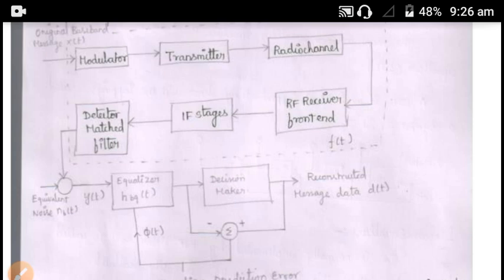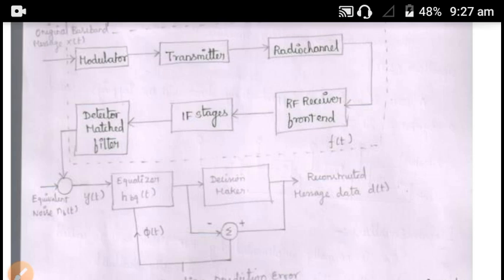Next it passes to the decision maker, which checks the data. If there is any error, it is fed back to the equalizer, telling it we need more equalization, more clear data.